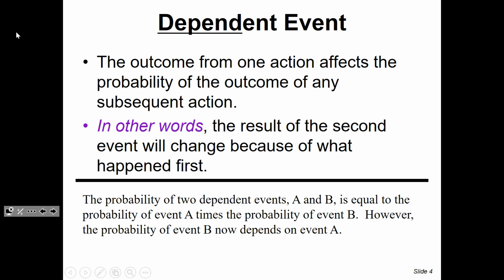So the probability of two dependent events, A and B, is equal to the probability of event A times the probability of event B, so similar to last time. However, the probability of event B is now going to depend on what happens in A. So our formula for a dependent event will change slightly.